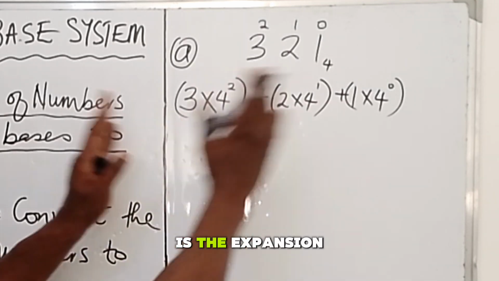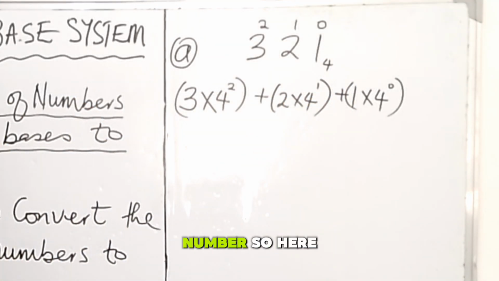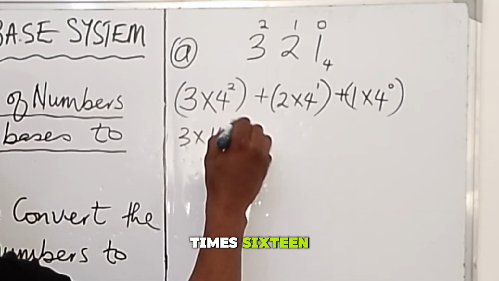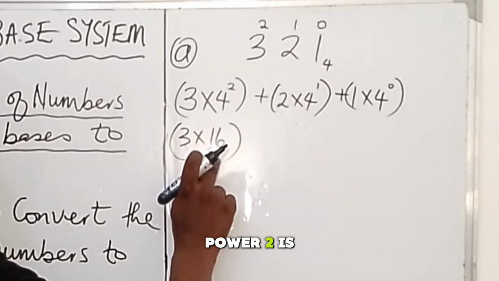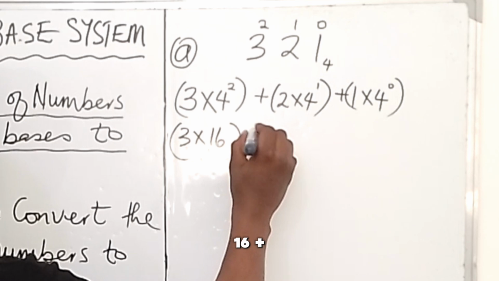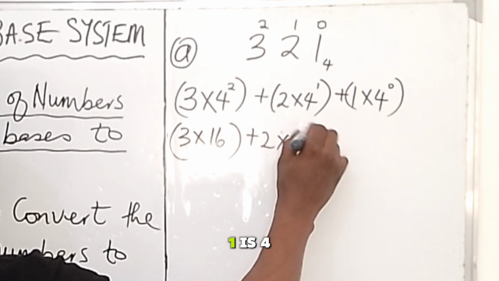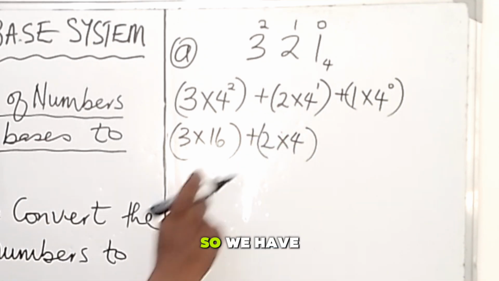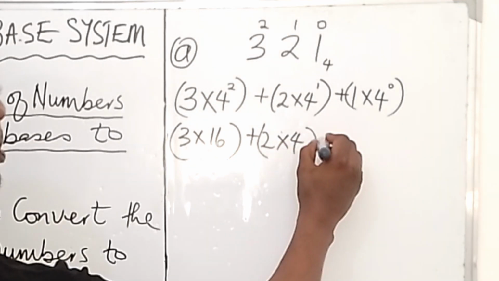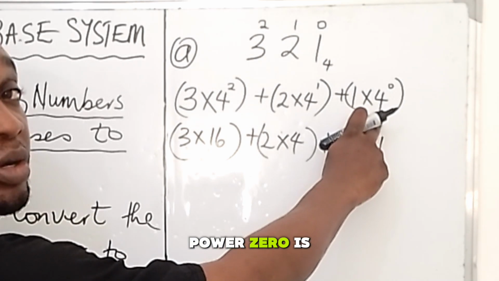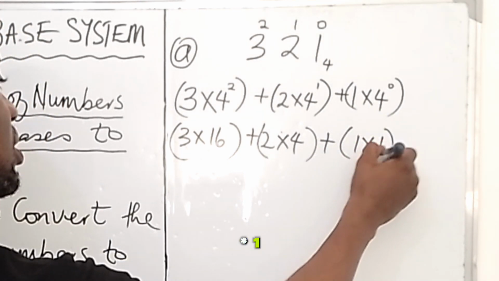And this is the expansion process. I've expanded the number. So here we go. This is 3 times 16, because 4 to power 2 is 16, plus 2 times 4, because 4 to power 1 is 4, plus 1 times 1, because 4 to power 0 is 1.